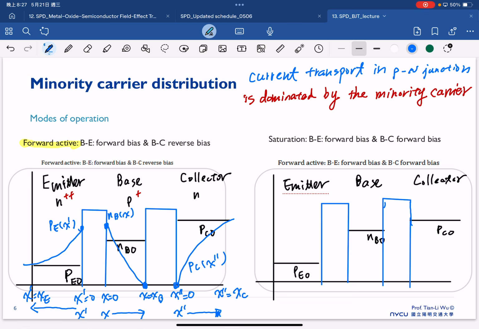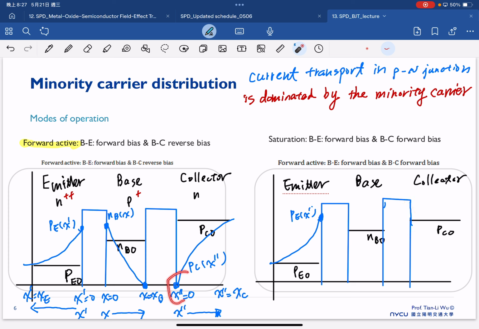So again, the BE is forward bias, so we have the same distribution here, where the PX prime should follow the exponential decay. But now because the BC is also forward bias, that means this point is not starting from 0.